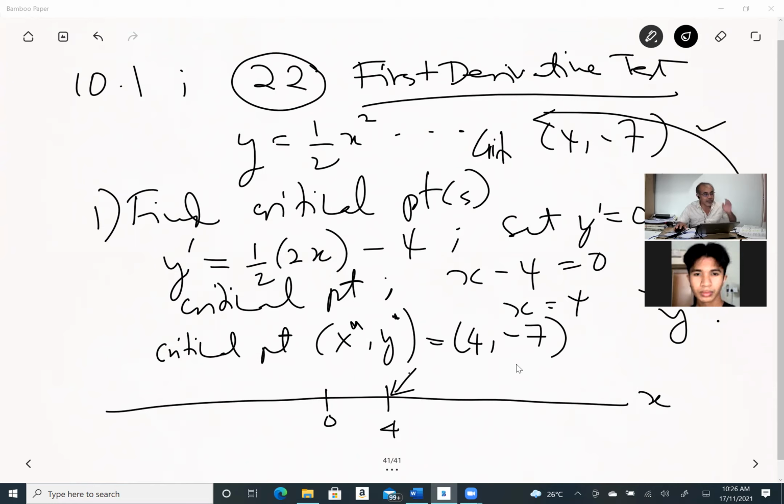Okay, somebody else. What are the intervals? Interval. What are the intervals?